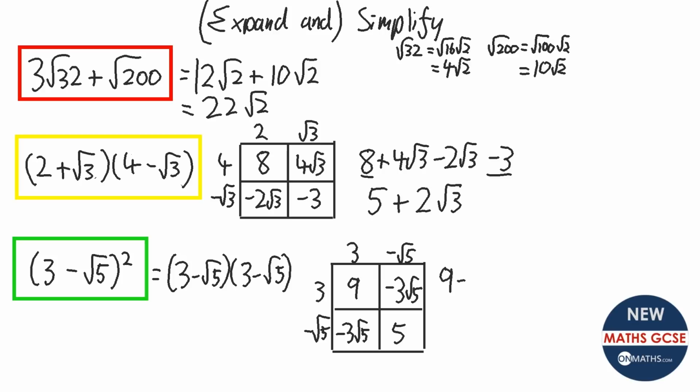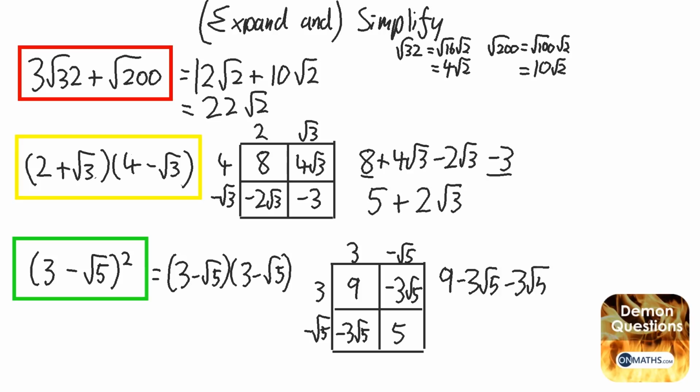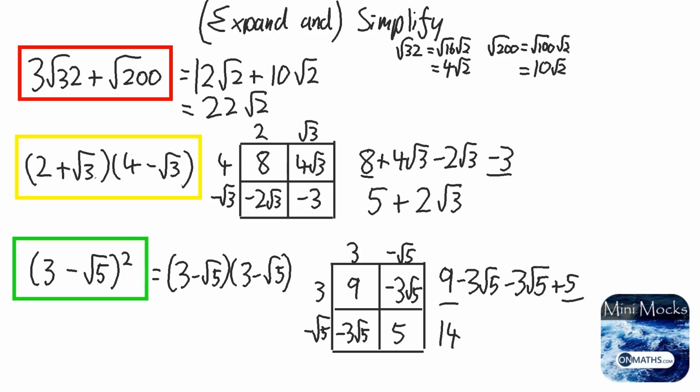So we've got 9, take away 3 root 5, take away 3 root 5, plus 5. The 9 and the 5 add together to make 14, and we've got minus 3 root 5, take away 3 root 5, so it's minus 6 root 5.